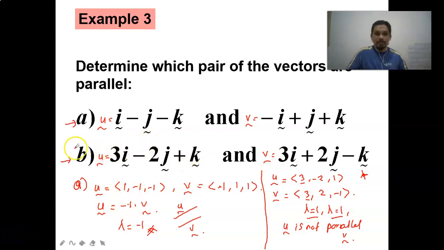There is also an alternative method to prove that for question B, these two vectors are not parallel. Let me show you using a different method.